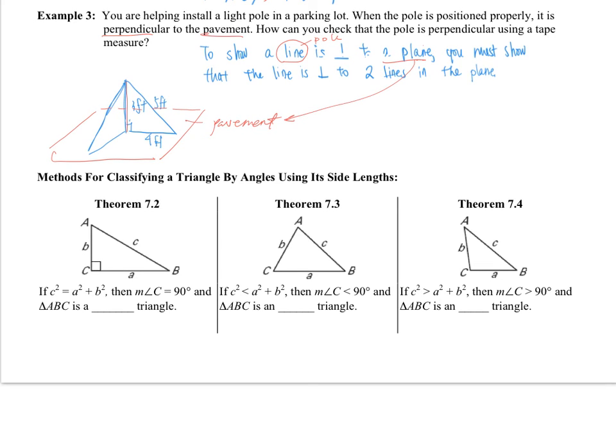So then, since this line is perpendicular to two lines, so this will be the one line and this is another line, then this pole is positioned properly.